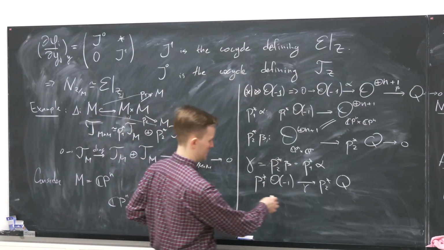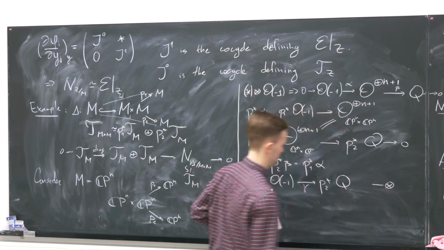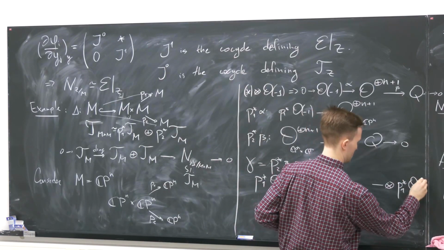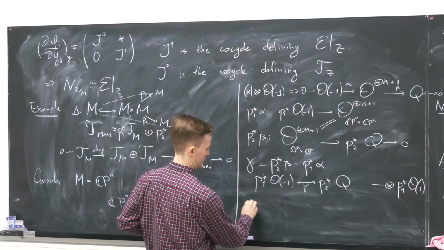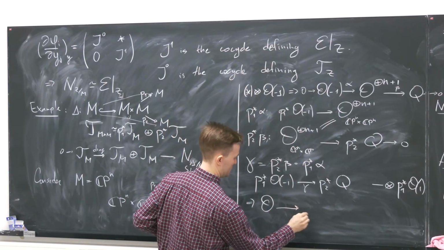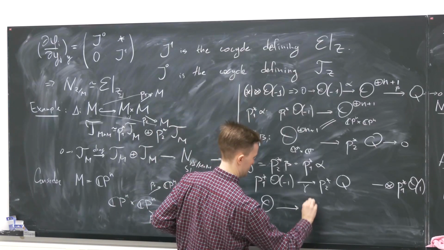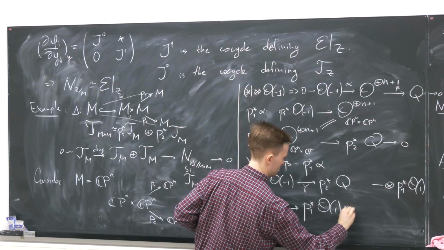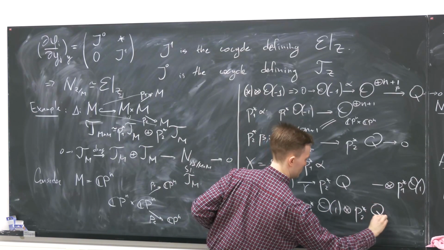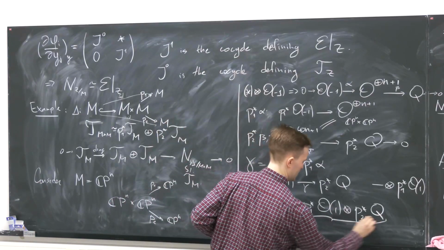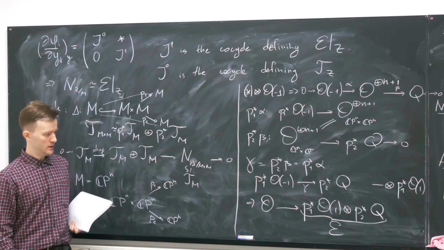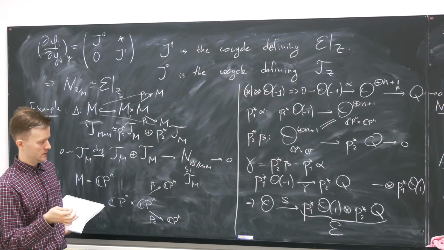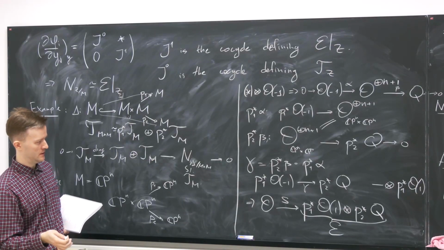I can twist it again by tensoring it with P1 upper star O of 1, and then I get a section. So this gamma gives me a section of the vector bundle P1 upper star O of 1 tensor product P2 upper star Q. So let's call this E. And I claim that this section, let's call this S now, its zero locus is exactly the diagonal.